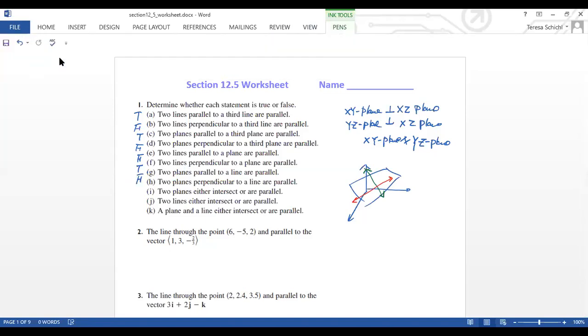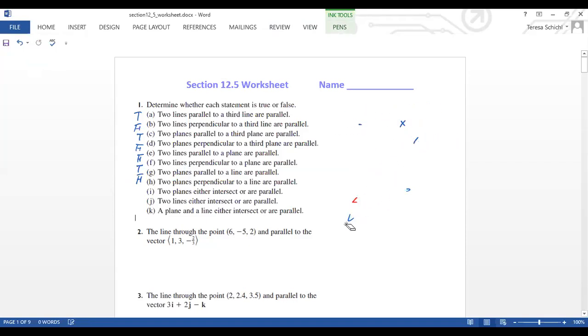I can give you an example why this one is false. For example, if you have the planes y equals 1 and z equals 1, one intersects y at 1, and the other intersects z at 1.